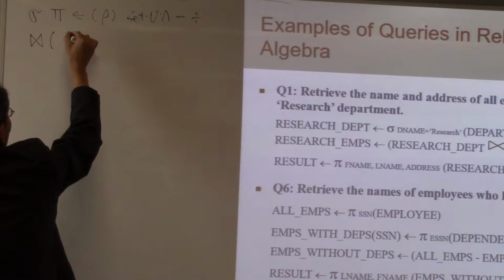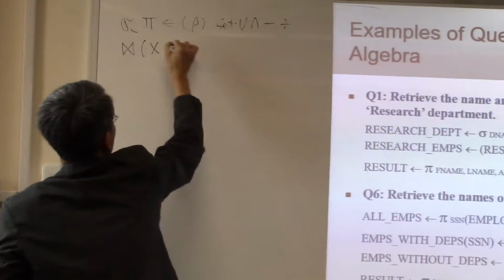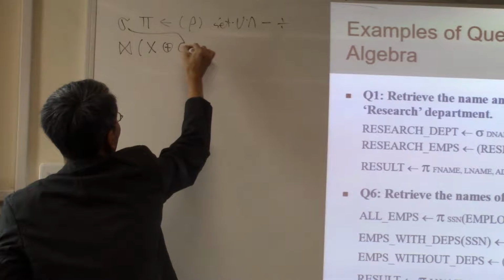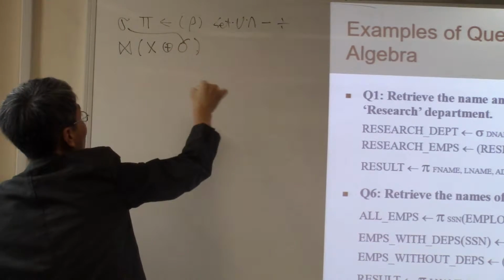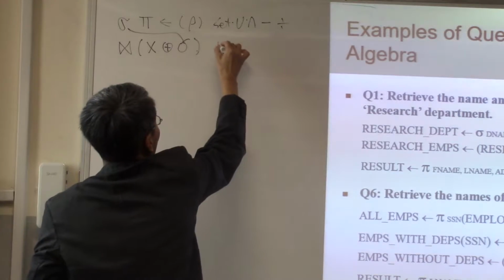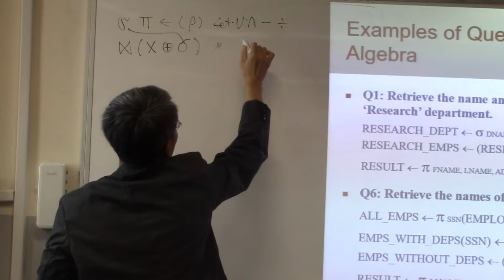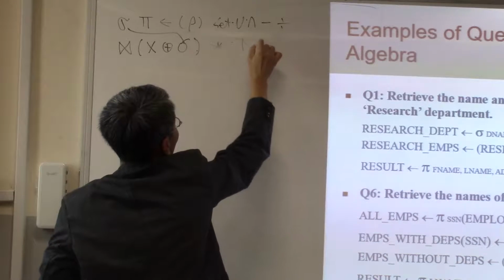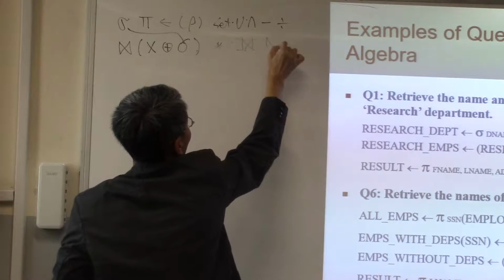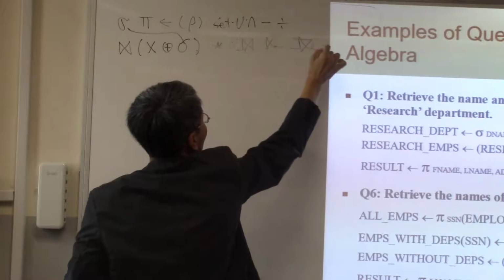Join operation is actually the same as the Cartesian product plus the selection condition. And there are different types of join operation. Natural join, you don't have to pay too much attention to, but there is one. And also we have the left outer join, right outer join, and full outer join, and so on.